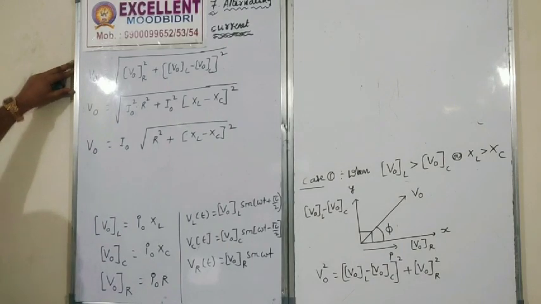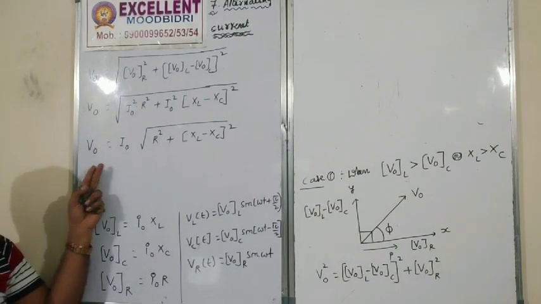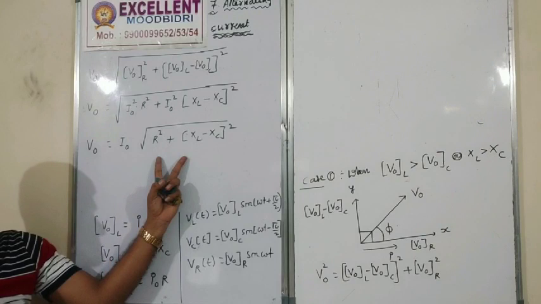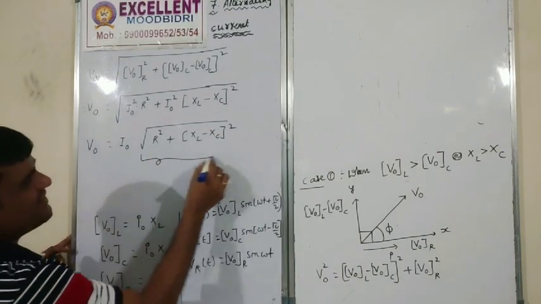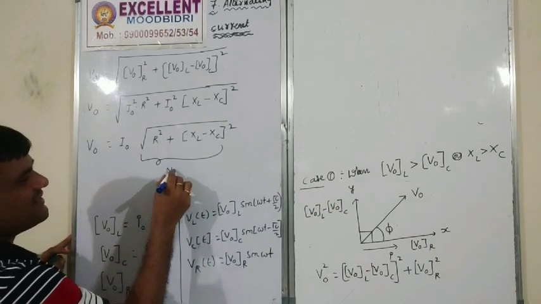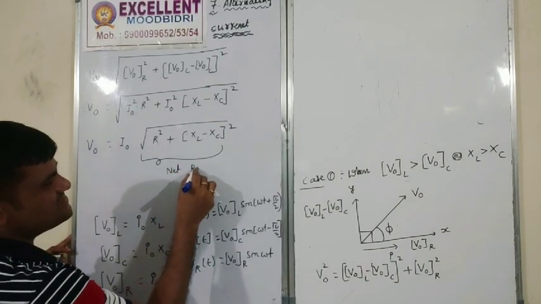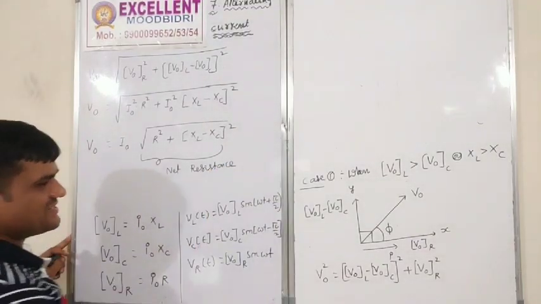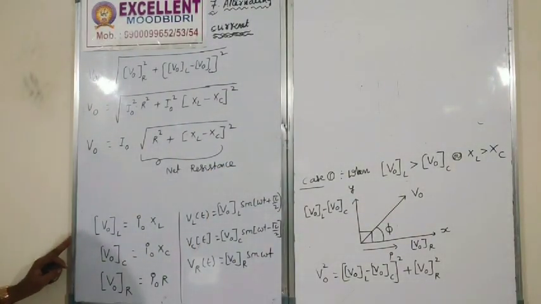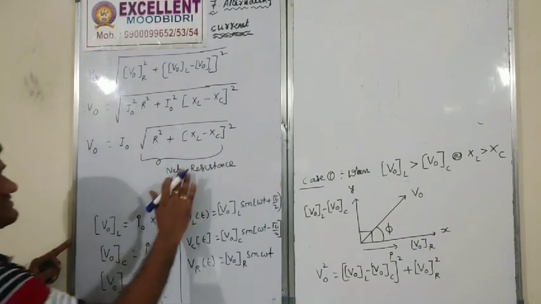This looks like the formula V is equal to I into R. Yes or no? So this we can call net resistance. Net resistance.